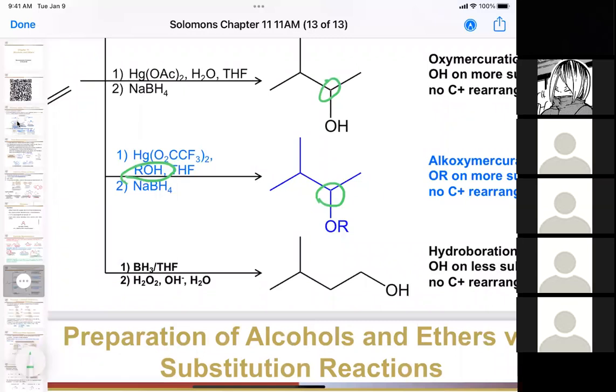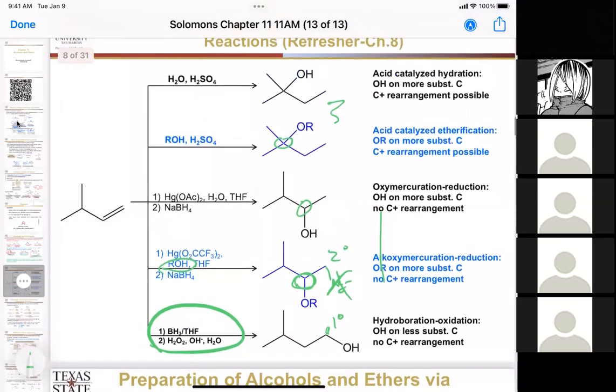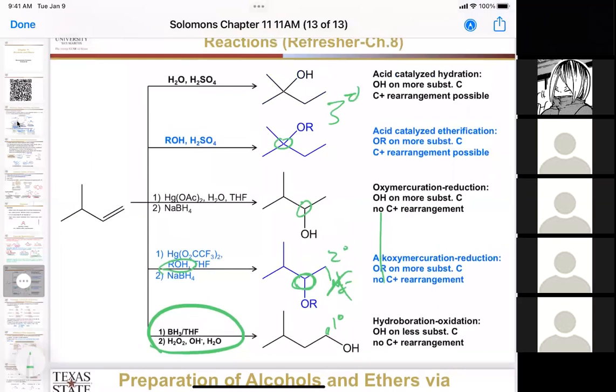The alcohol is going to attack the other carbon. The mercury was closer to this side over here, and we get reduced off at the end. And then, of course, hydroboration is the only way to get to our primary very easily. So our primary, secondary, and tertiary alcohols all go through different mechanisms to give us our different alcohols.